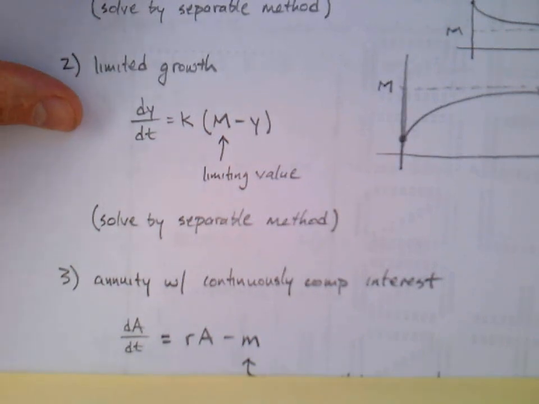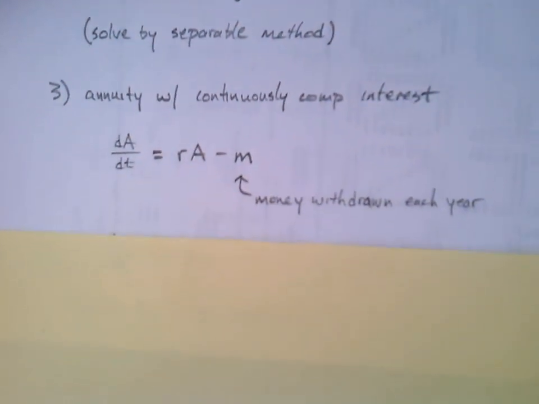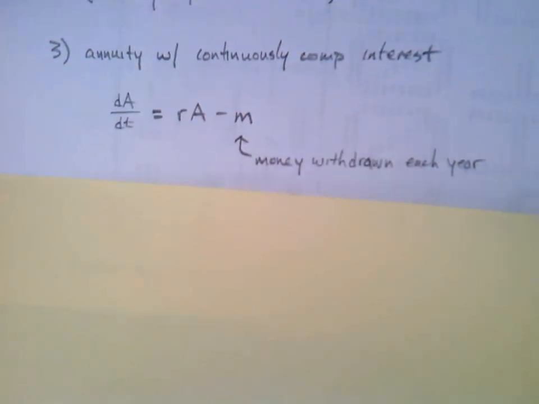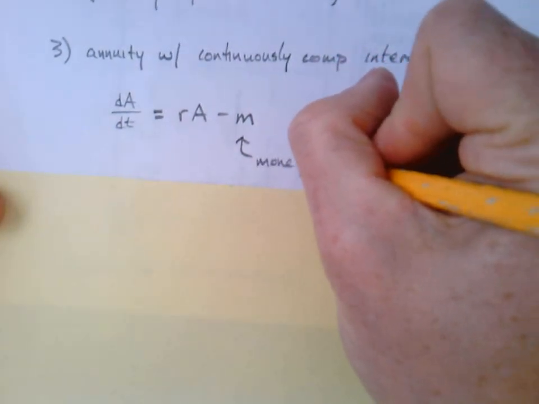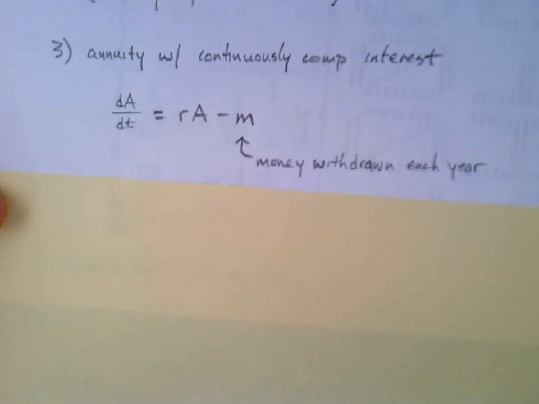Okay, the third application, again, there's this similarity. This one's really cool. An annuity. So continuously compounded interest, obviously that's got a lot of applications. But annuities are taking it a step further, and they're probably more realistic to what people do with their money, right?